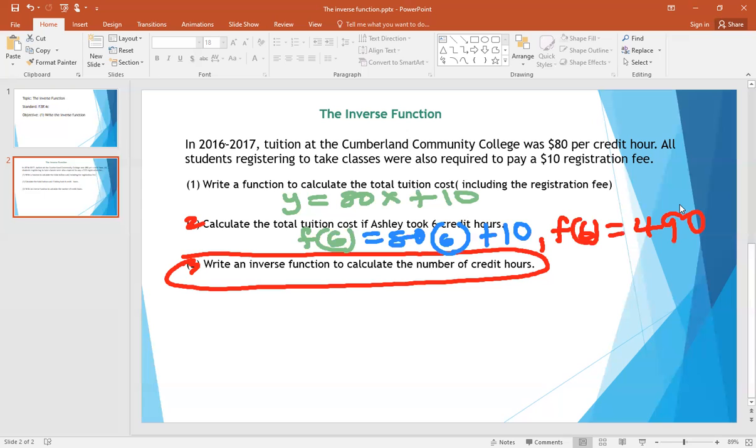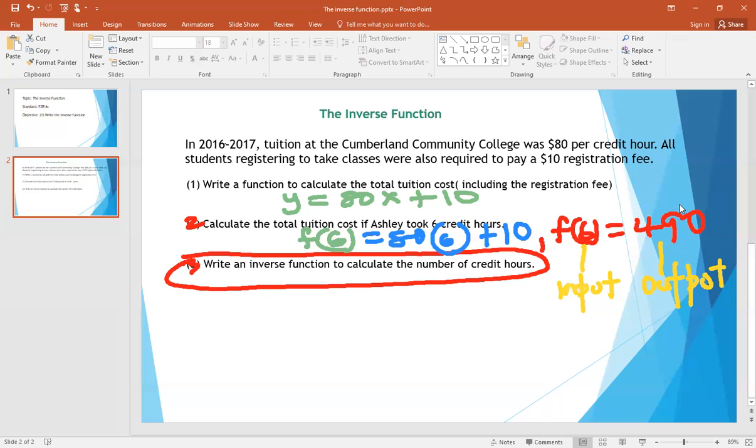Okay, so I'm going to label 6 as my input and 490 as my output. Okay, now number 3 asks me to write an inverse function to calculate the number of credit hours.